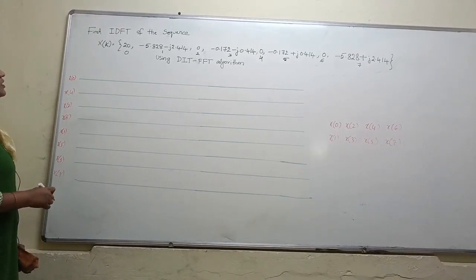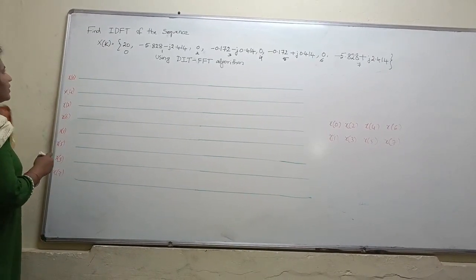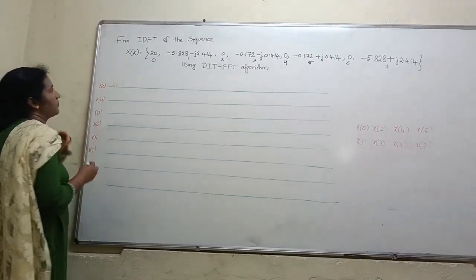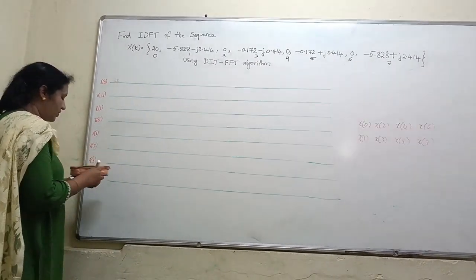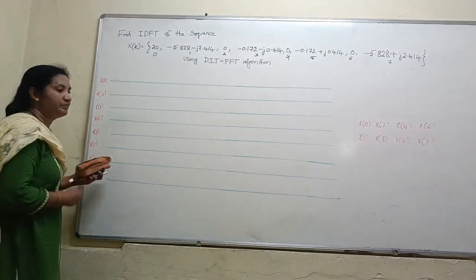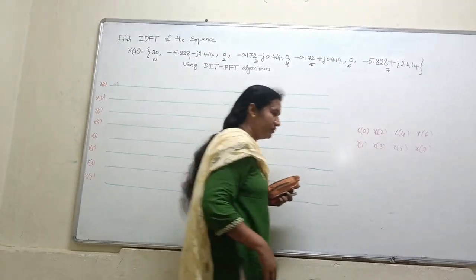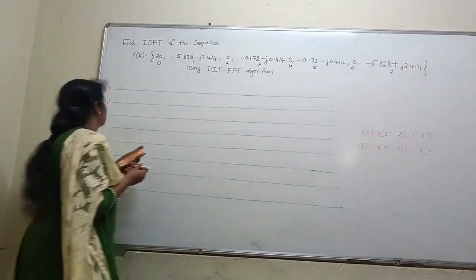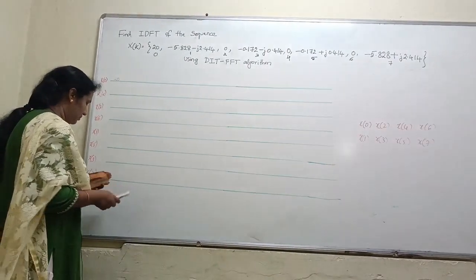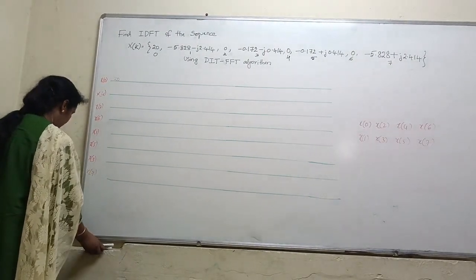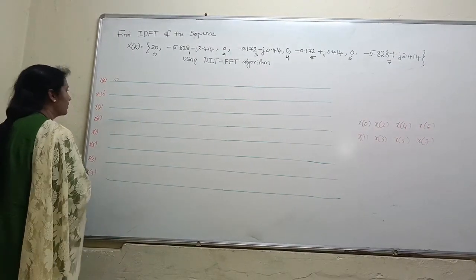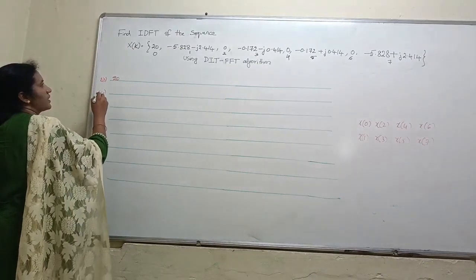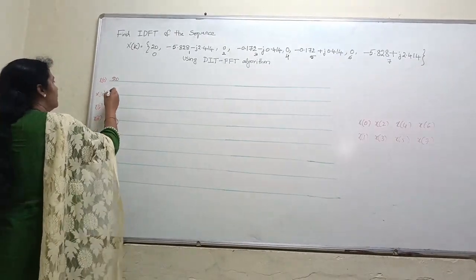Now looking into the sequence, now we will try to fill out what is x of 0. It is 20. I think it is not visible. This is 20. Next, x of 4 means what? 0.